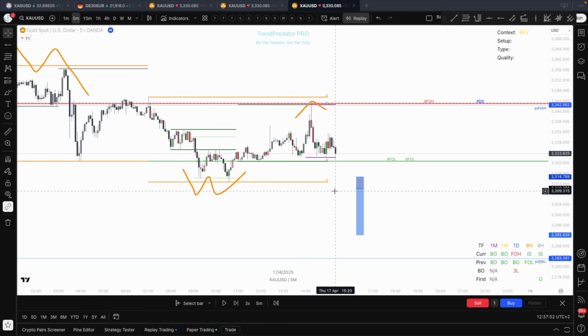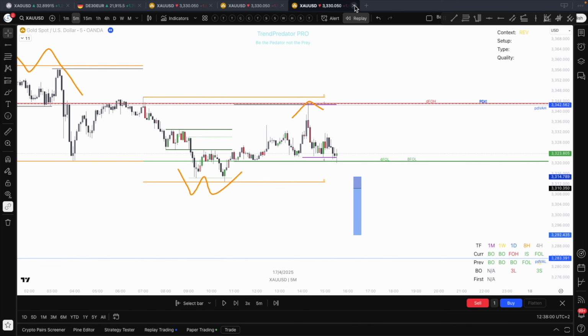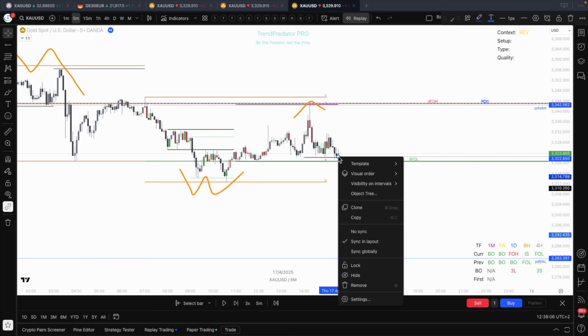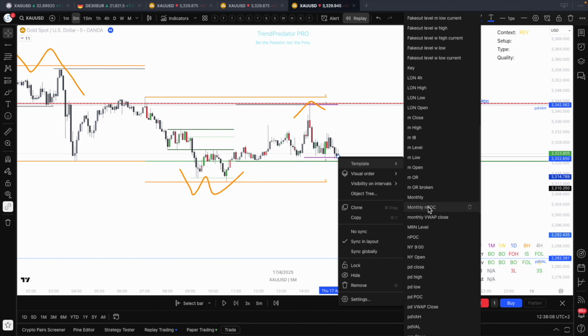Let's see where we are. 20 past, 25. This is New York Open here. We will mark that immediately. So we mark the New York Open level. That's a very important level to have on the chart.